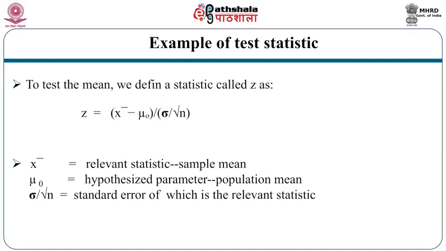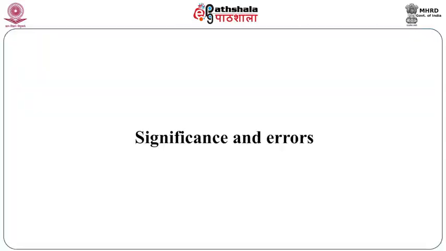We take a sample mean, that is x bar, then we assume a population mean, that is mu naught. Now, we are going to test the difference between x bar and mu naught, and whether that difference is quite significant or not. This is what basically we do in testing of hypothesis.